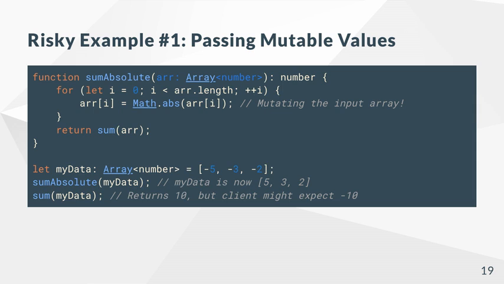The variable myData in the main program and parameter array inside the function are aliases, two names for the same bucket of data. If the function changes the data to save memory, the caller's original data is destroyed without them realizing it, leading to latent bugs that are incredibly hard to track down.